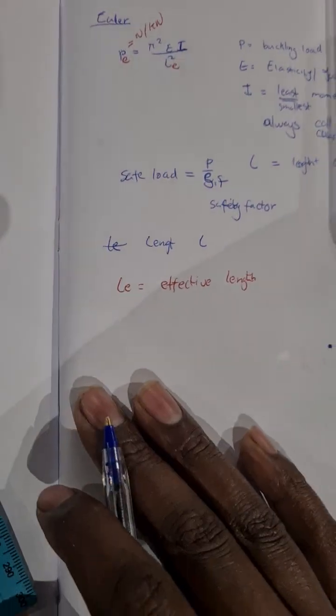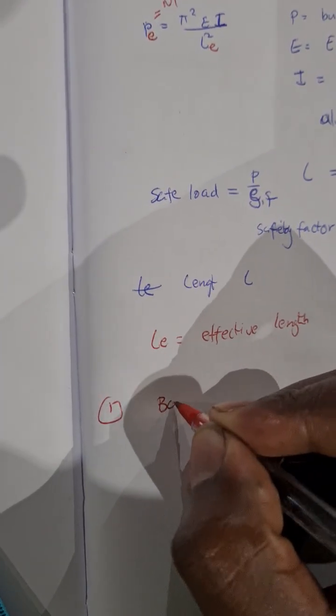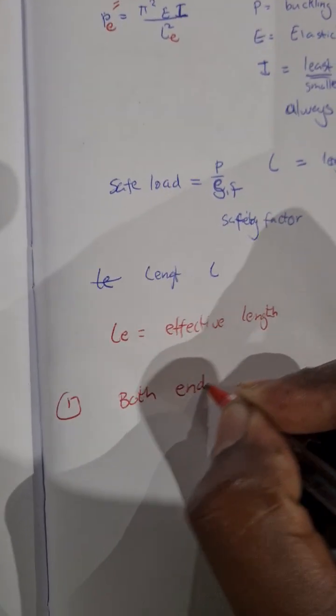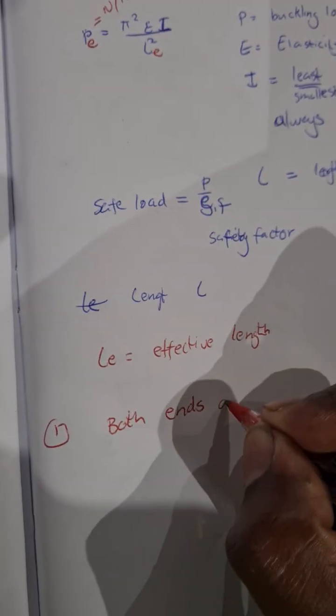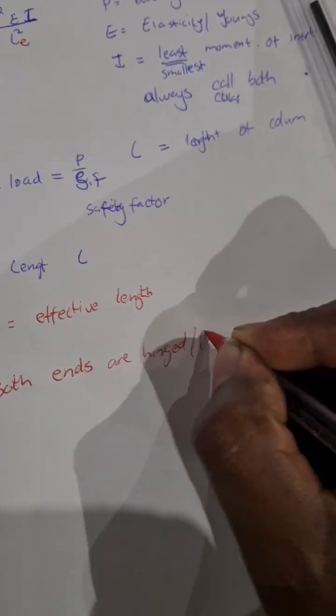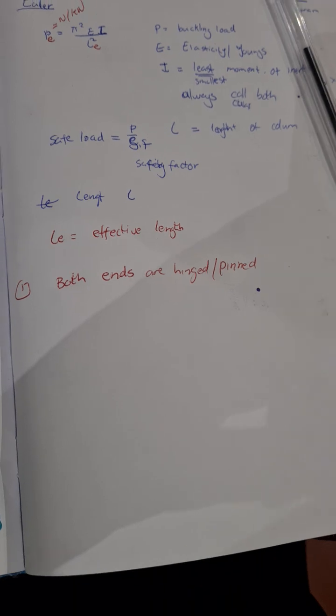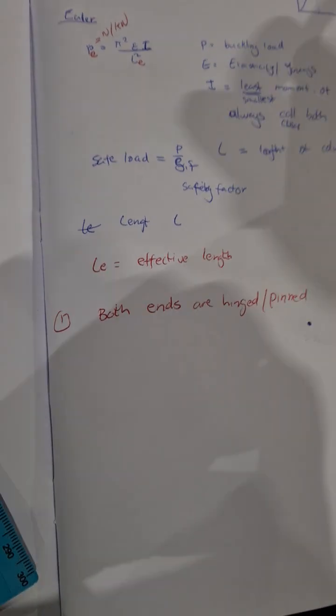For example, number 1, if both ends are hinged or pinned, same thing. Hinge and pin are used interchangeably. So what does it mean?